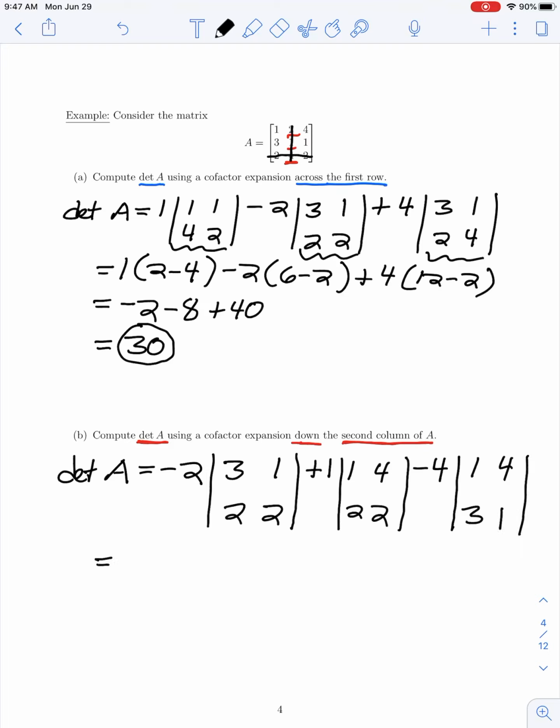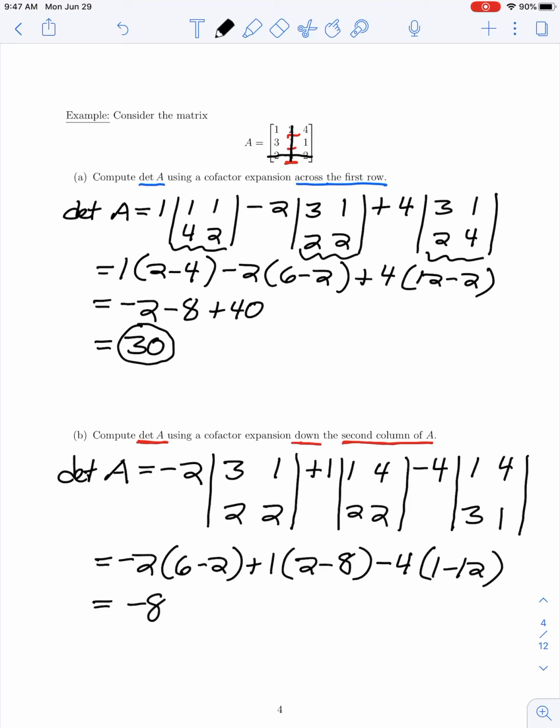So let's see what we have. We had a negative 2 times 6 minus 2, plus 1 times 2 minus 8, and then negative 4 times 1 minus 12. So we're left with a negative 2 times 4, which is negative 8.